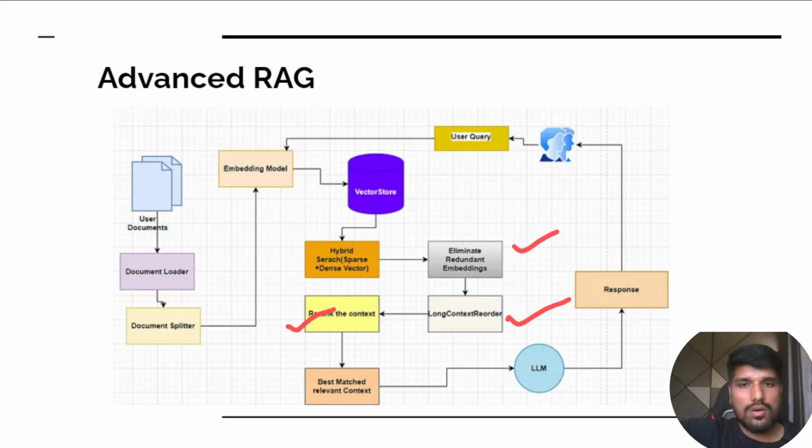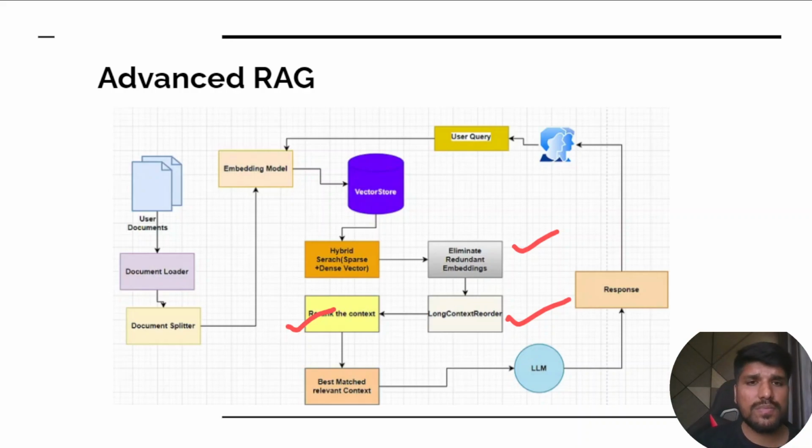The contexts are ordered using the asked question, and then we do re-ranking so that the most relevant chunk gets rank 1, then rank 2, rank 3, and likewise. So this is called re-ranking the context. Now I hope you understand. I have given at least brief information on some of these.